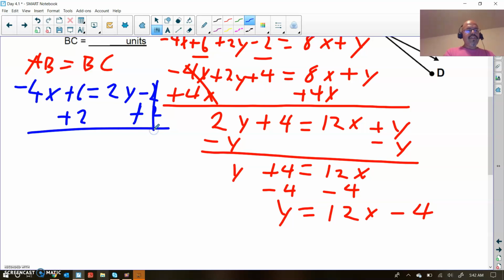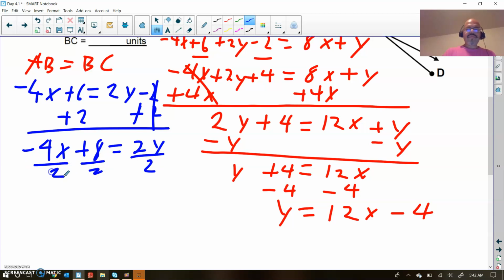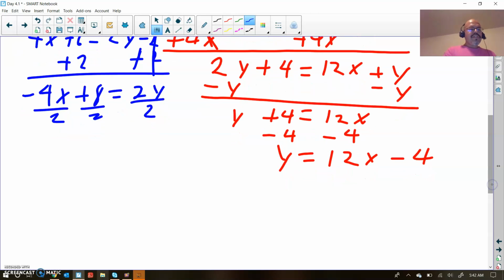This one cancels. So negative 4x plus 8 is equal to 2y. Now divide everything by 2. Makes everything a little bit simpler. So this ends up being, let's see, negative 2x plus 4 equal to y.